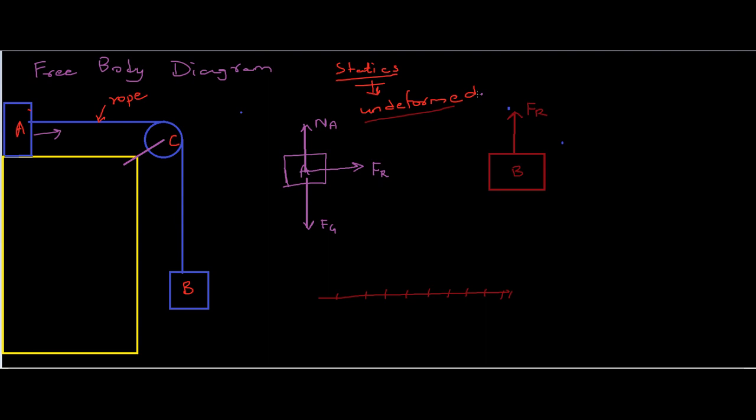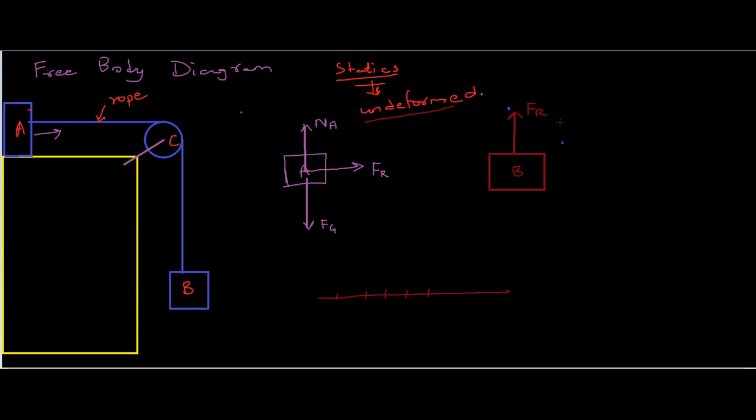That's not the case here. So no matter how many objects the rope is attached to, the force exerted by the rope on each object is the same. So this Fr and this Fr are exactly the same, because the rope is undeformed.